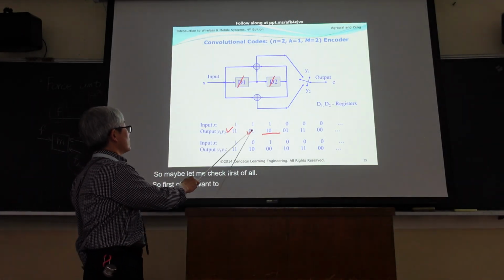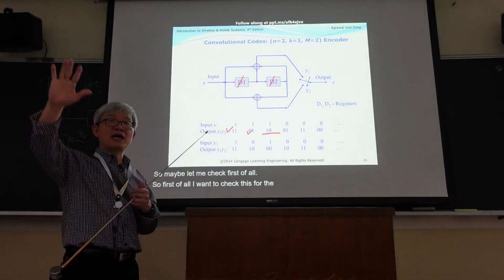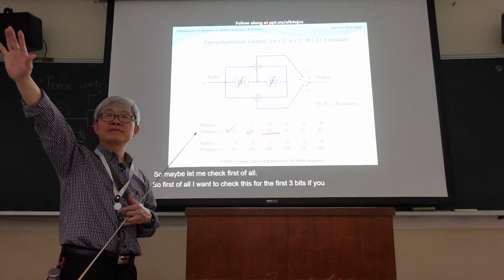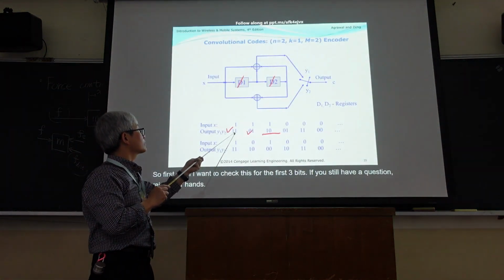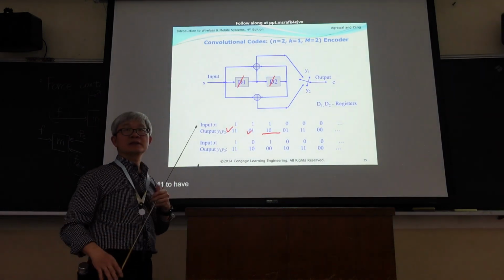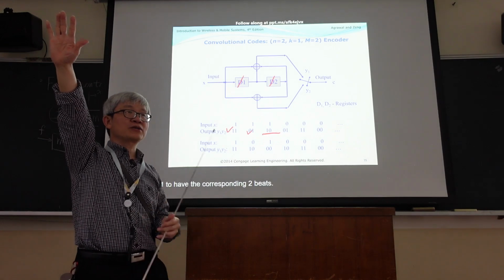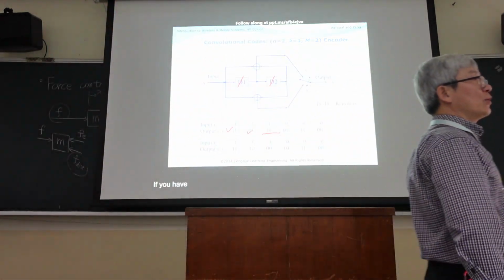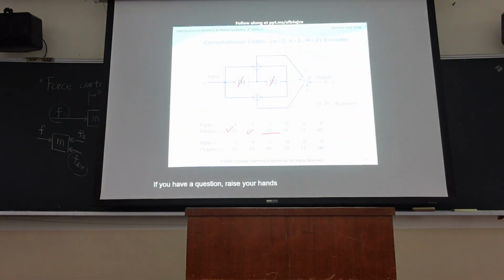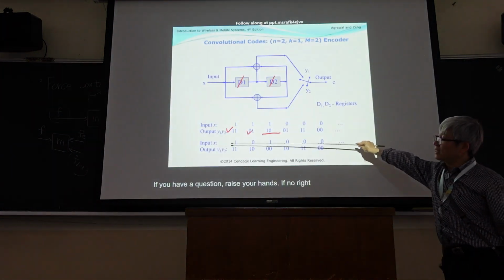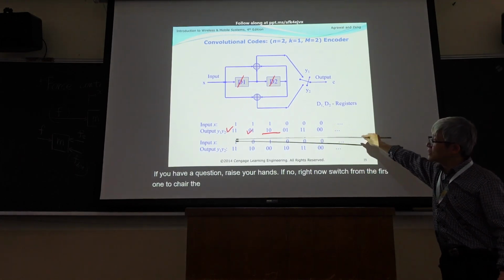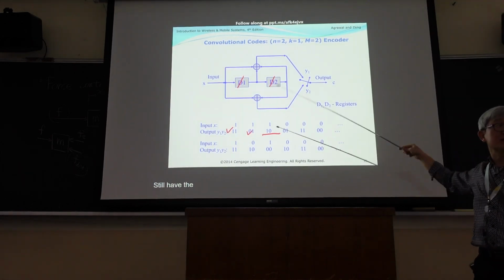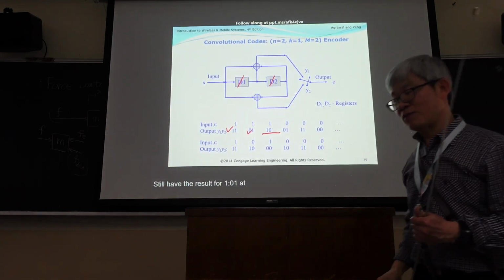For the first three bits, if you still have a question, raise your hands. 1, 1, 1 to have the corresponding two bits. If you have a question, raise your hands. If not, right now switch from the first one to check the lower one. Still have the result for 1, 0, 1 at least. Check it further, 3 more minutes.